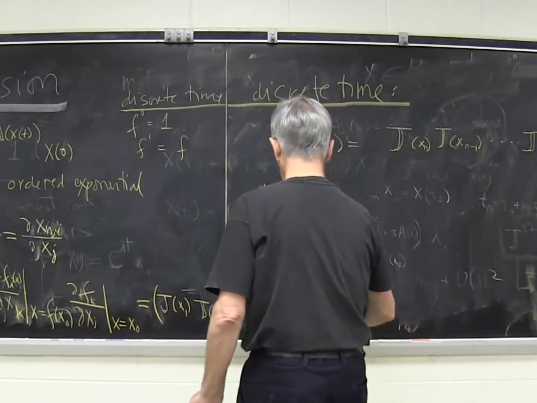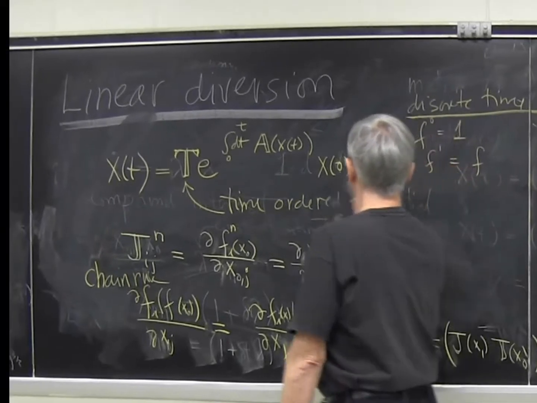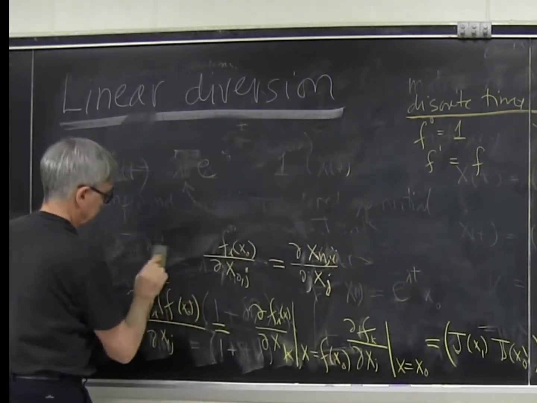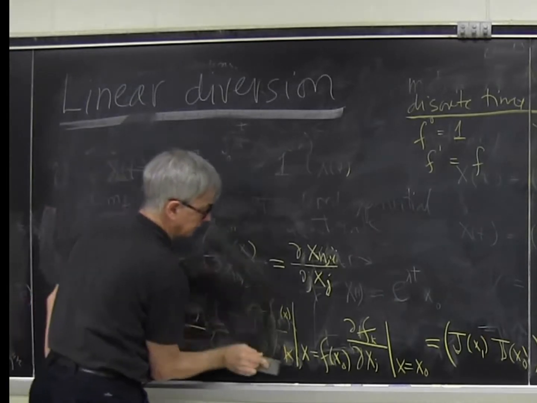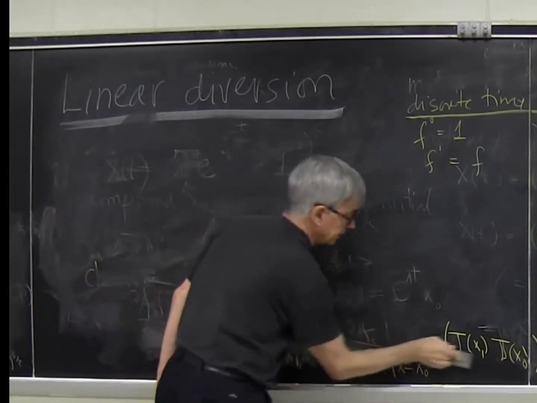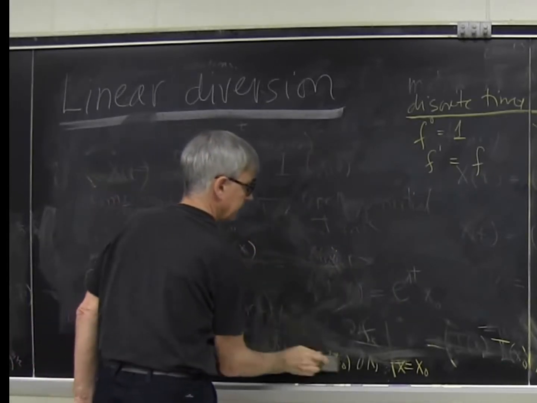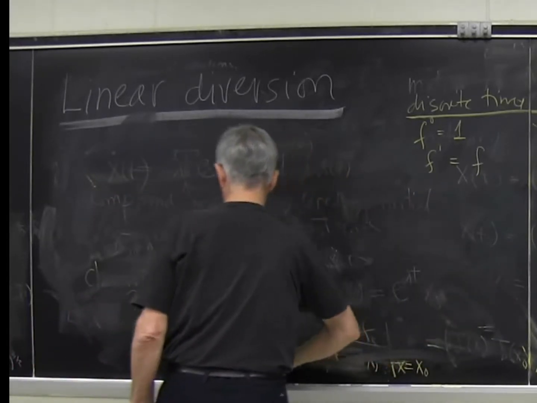So what happens in this linear version when we do discrete Poincaré sections? So, Poincaré map.